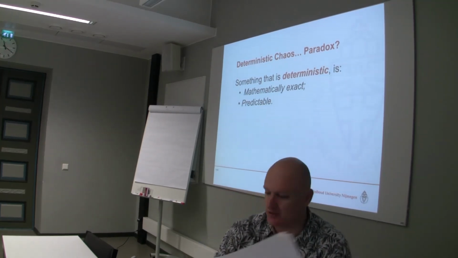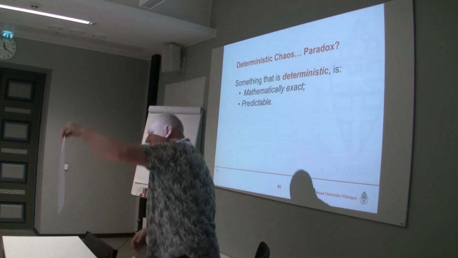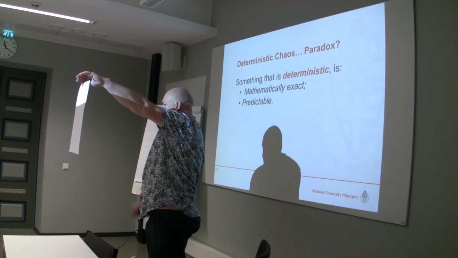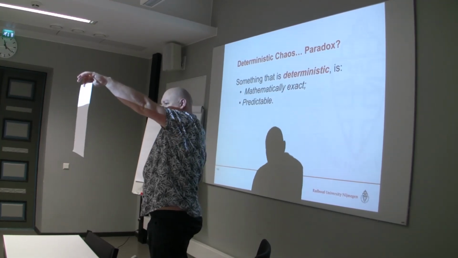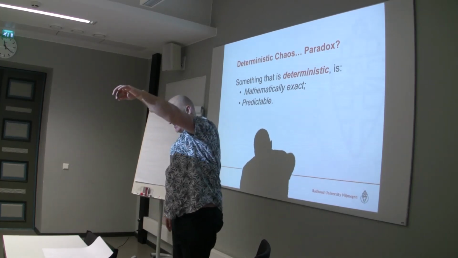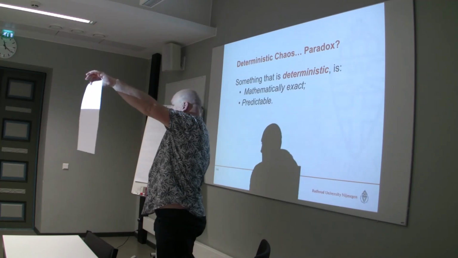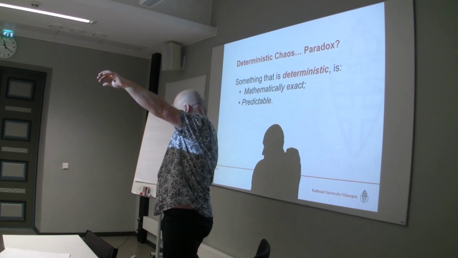So if you would drop this paper and had to predict mathematically, based on the initial condition, which would be the height here, where it's going to end up, that would be very difficult. Because if I do it at the same time, look, this is the same initial condition, I hope. It's going to end up somewhere else.